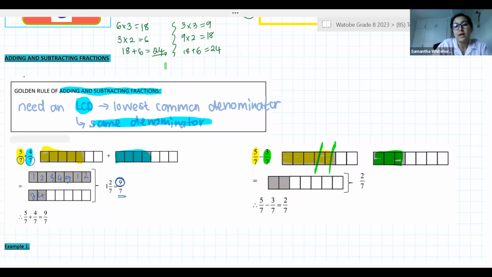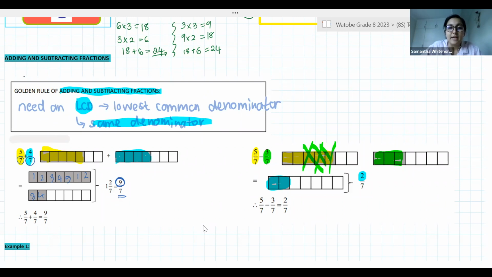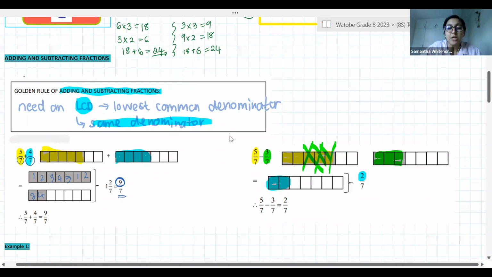If I take away 3 blocks from my 5 blocks, I end up with 2 left over. And so my 2 is my numerator. But again, I could only do all of this because my denominators were the same.